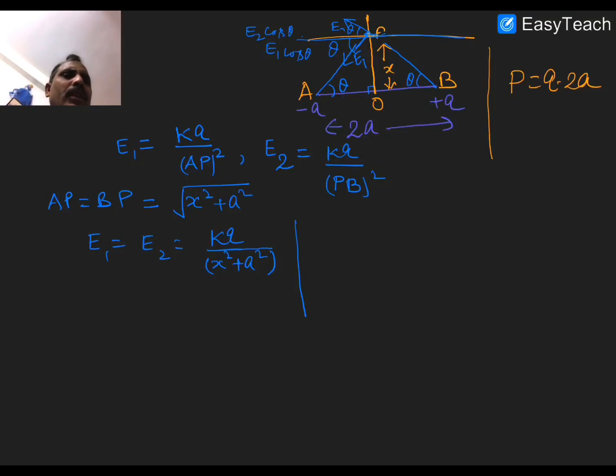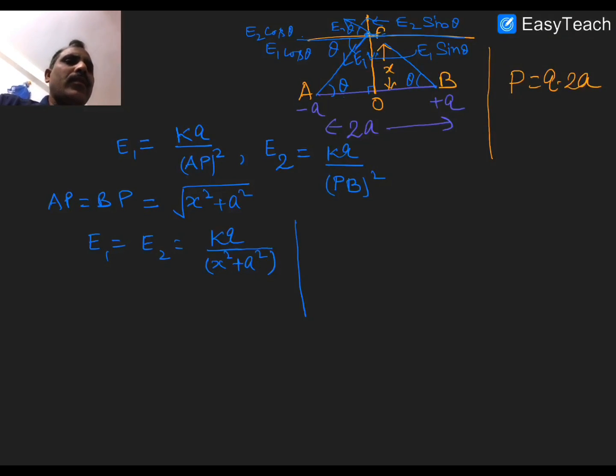The component of E1 along the vertical line, the equatorial line, is E1 cos(90 minus theta), which means E1 sin theta, and similarly the component of E2 along the vertical line is E2 sin theta.